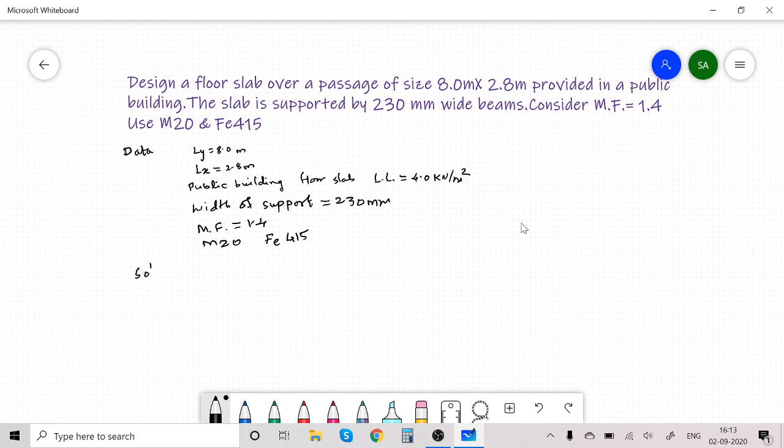Solution. First of all, we will check the aspect ratio. Aspect ratio is Ly by Lx. Here in this case 8 divided by 2.8. It is definitely greater than 2. So we will design it as one-way slab.